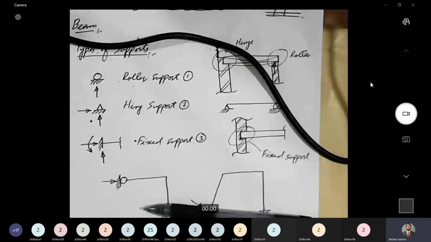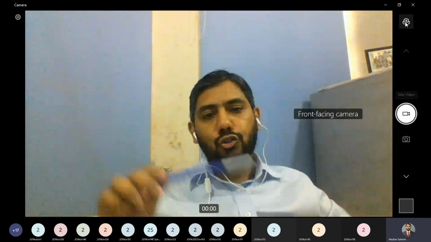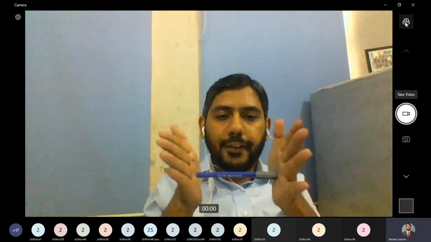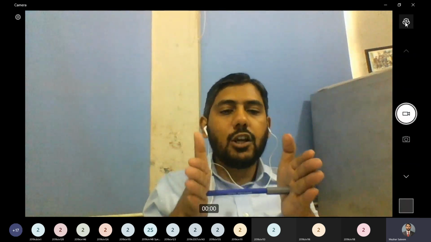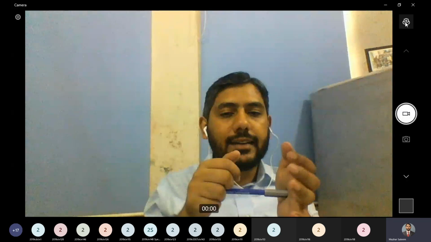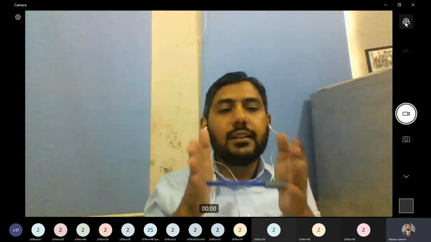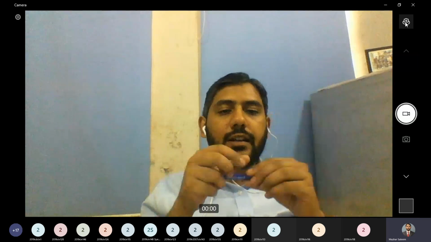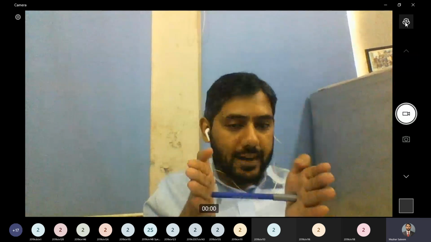Right. Let me turn on my other camera view. So if we have this beam, and this beam has two fixed supports, which means that we will not allow this beam to expand at all. It means that when the temperature of the beam will rise, it will have the tendency to expand.